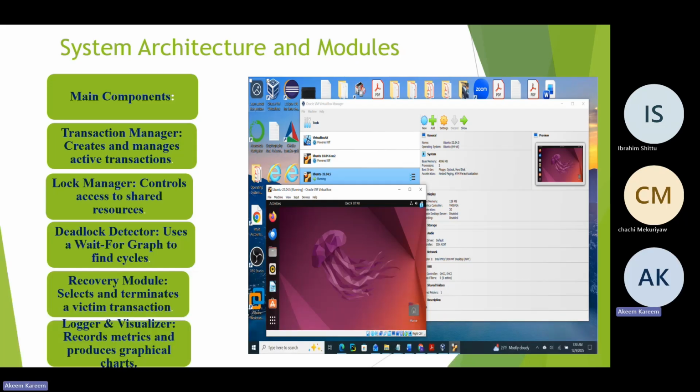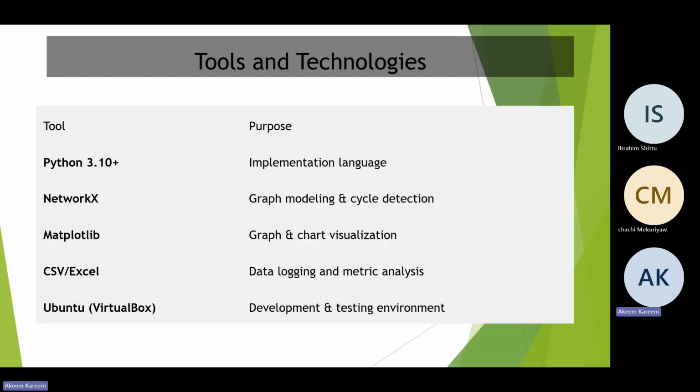Moving to the next slide, this is where we talk about the tools and technologies. For us to be able to implement the simulator, we use several tools and technologies, in which the main language is Python 3. Everything is built and tested inside Ubuntu 22.04 running on Oracle VirtualBox.